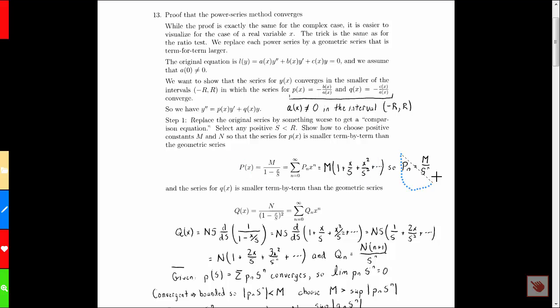And comparing these, you immediately see that the nth term in the series for capital P is our chosen constant M divided by capital S raised to the nth power.